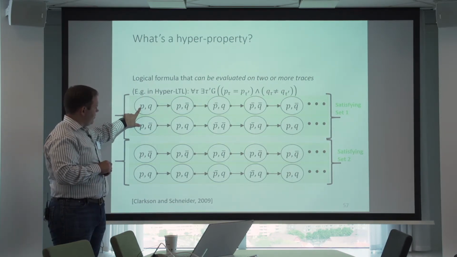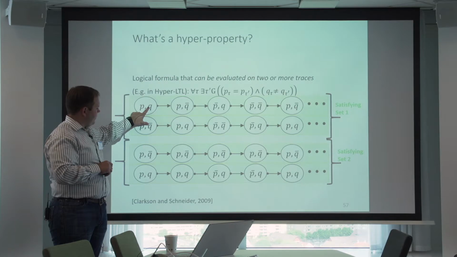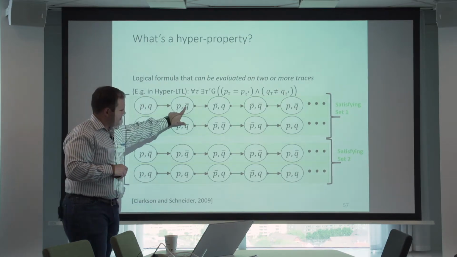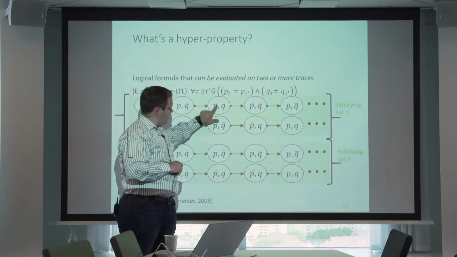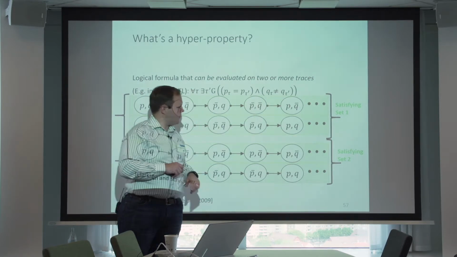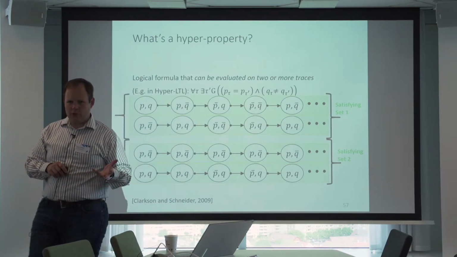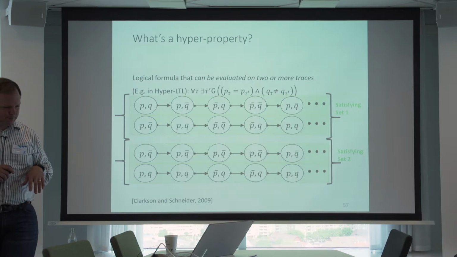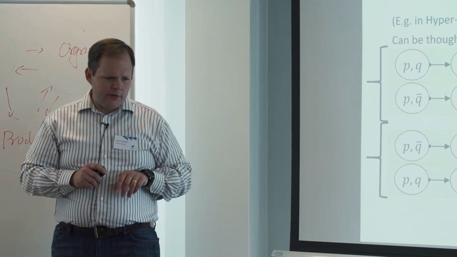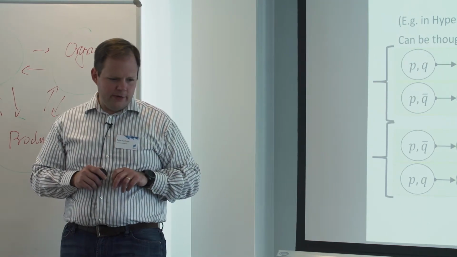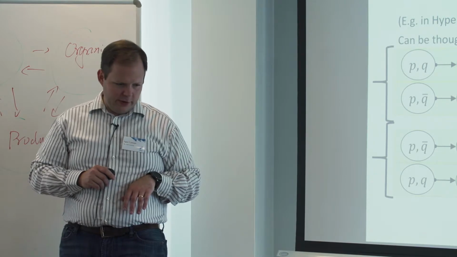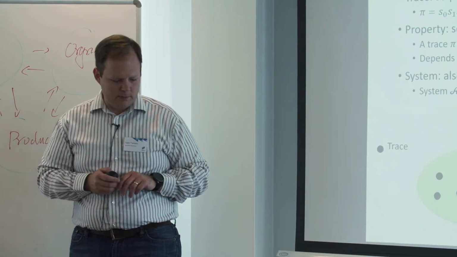The P's are equal, and then the Q's are not equal. Maybe we could switch that around, and now we have not P, but always the polarity of the Q's on the corresponding traces are switched. Where these are used is within security quite a lot.